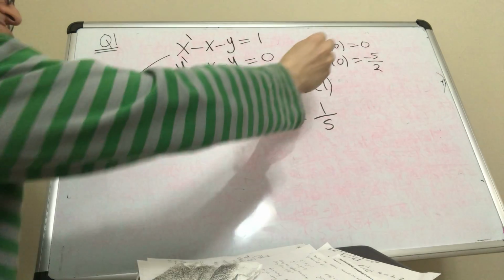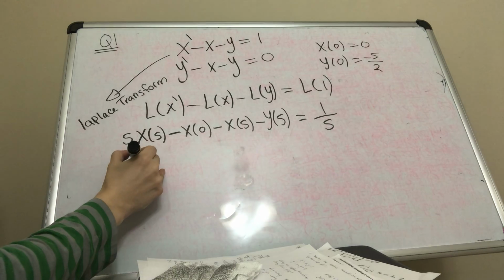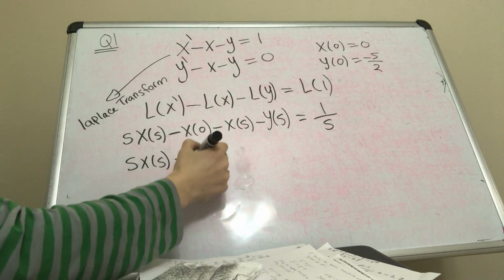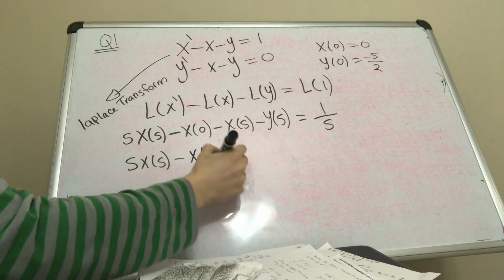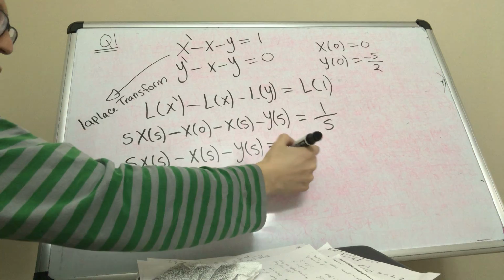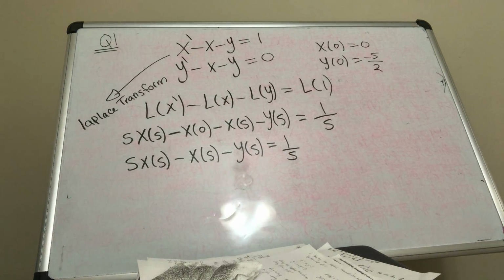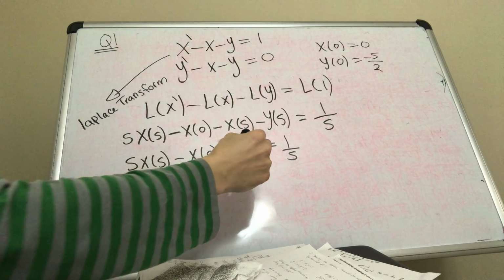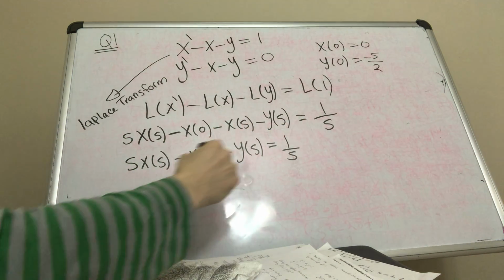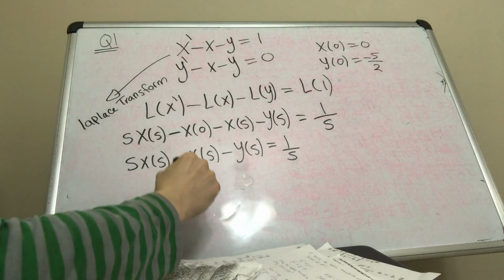And since x(0) is 0, so now I know that it's s X(s) minus 0, minus X(s) minus Y(s) equals 1 over s. I'm going to bring this over. If I bring it over, it becomes Y(s).